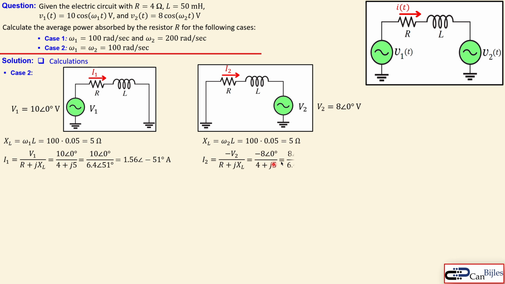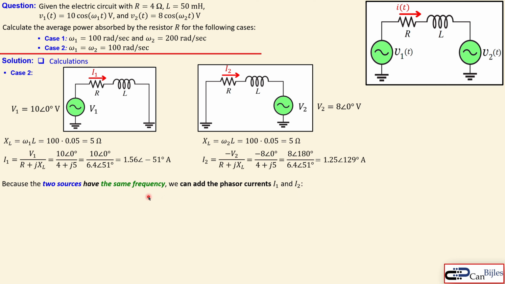So that is what we need, and now we do 8 and then cos in the phase of 180 degrees, because this minus actually means you flip the sign of your signal. And again, we calculate this, and this is exactly the same as this impedance. When you do the math here, you get 1.25 amps with an angle of 129 degrees.